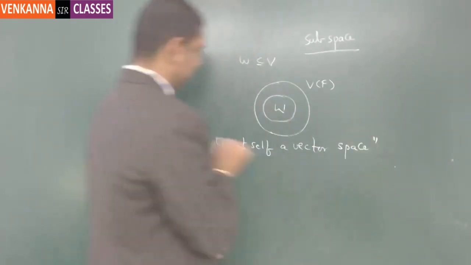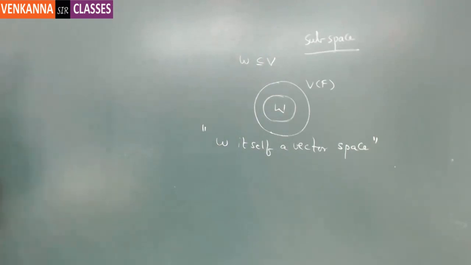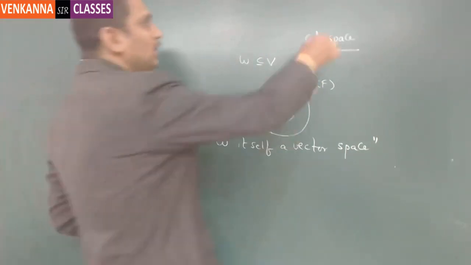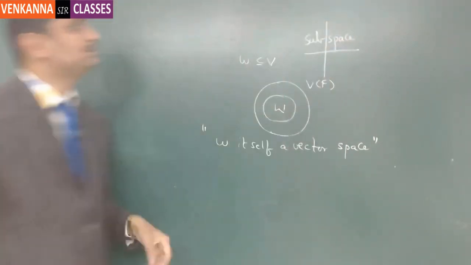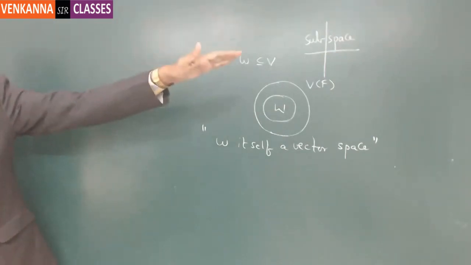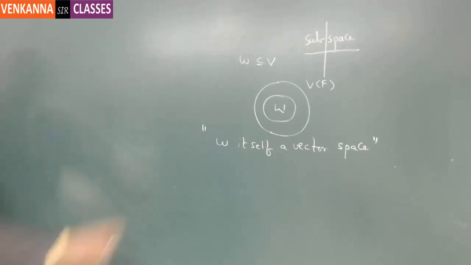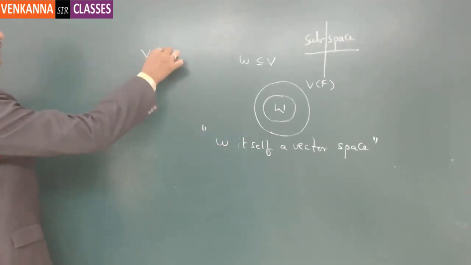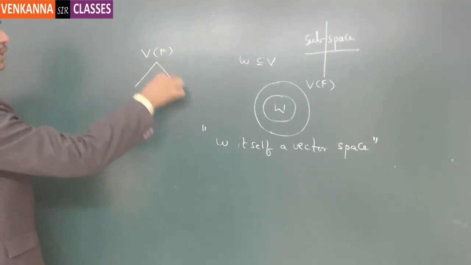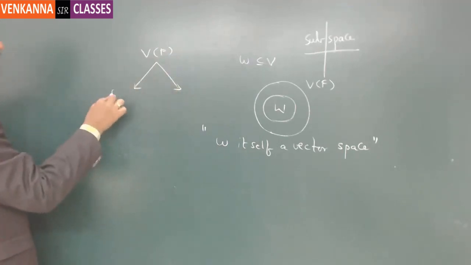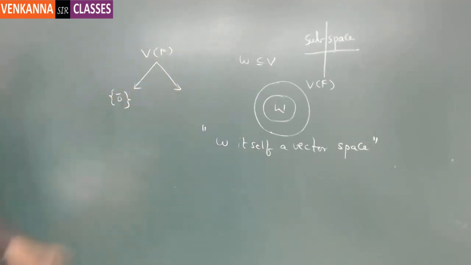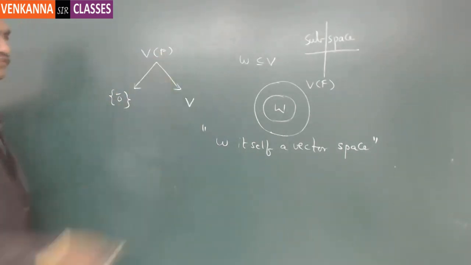So subspace, if you understand the word, you can bifurcate like this. A subset of a vector space, we call it a subspace. For every vector space V over F, there will always be two subspaces. One is the zero vector space and the other one is V itself, because V is a subset of V itself.